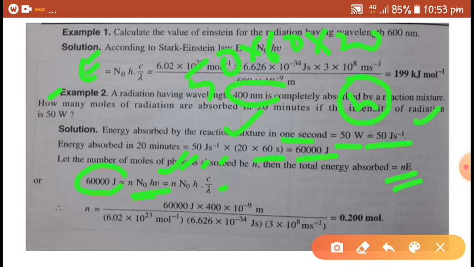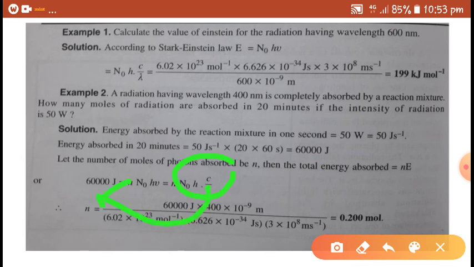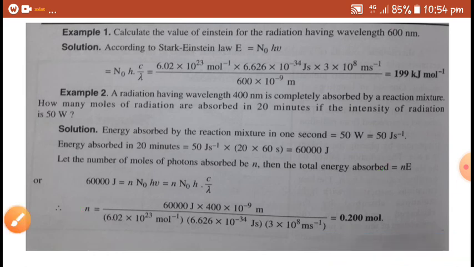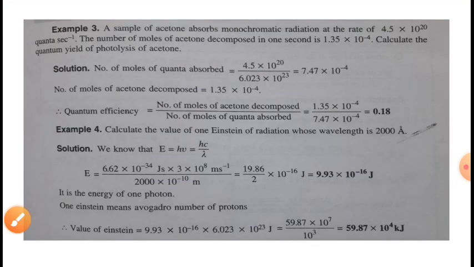So I am simply putting all these values in the above equation, then just rearranging this equation. Moving this to the left side, I get the value of n, that is 0.2 mole.